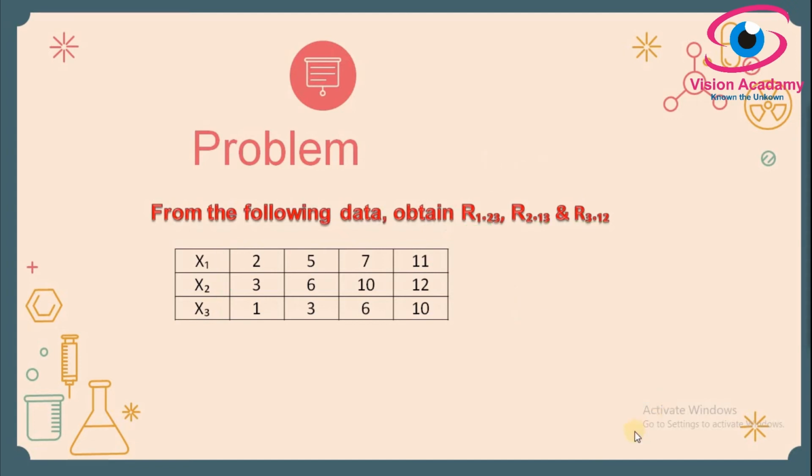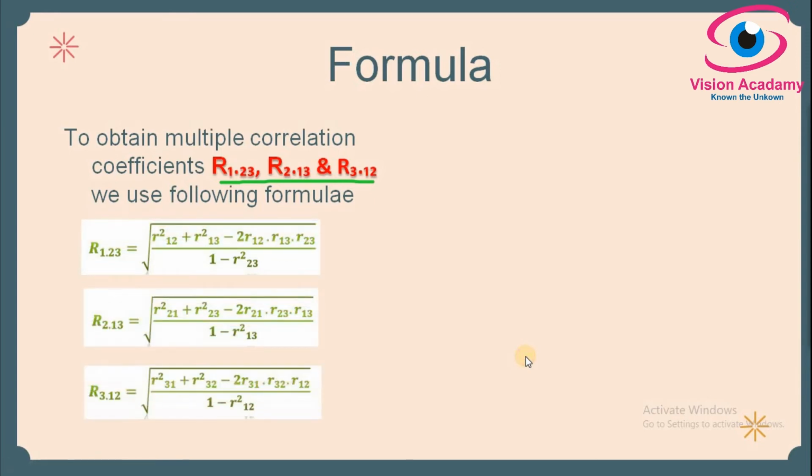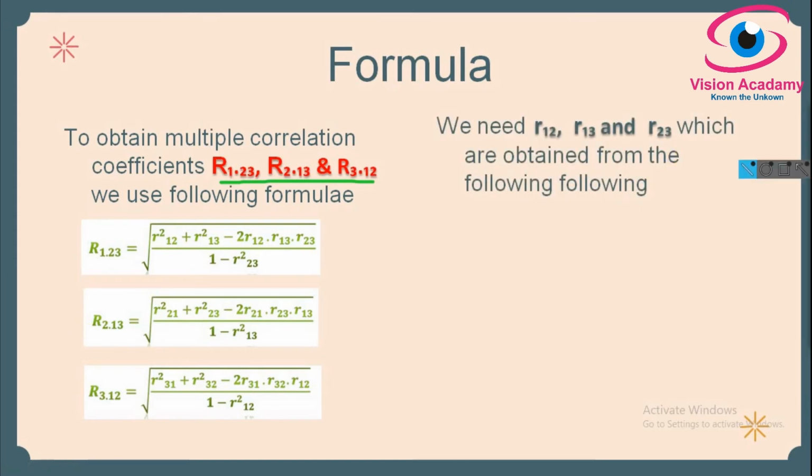So let us apply the formula. As I told you, to obtain the multiple correlation coefficients R1.23, R2.13 and R3.12, we use the following formula. To apply this formula we again need the values of R12, R13 and R23 to substitute into the multiple correlation coefficient formula.